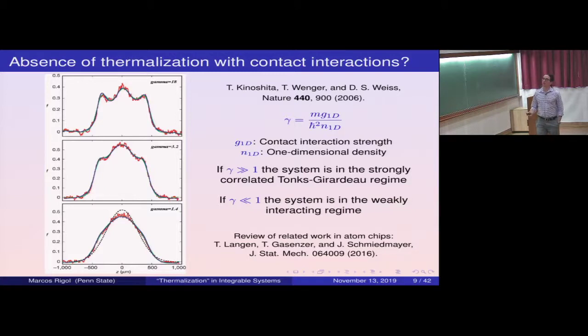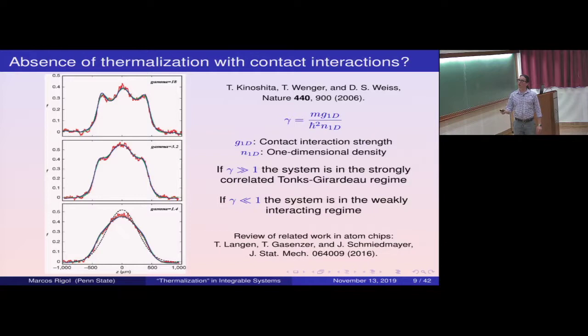And now what is remarkable about this result is that you will never get a momentum distribution function that looks like this if you do statistical mechanics in a harmonic trap. So this is something that you cannot describe using statistical mechanics. Somehow the system is remembering that initial state in which it had the kicks.